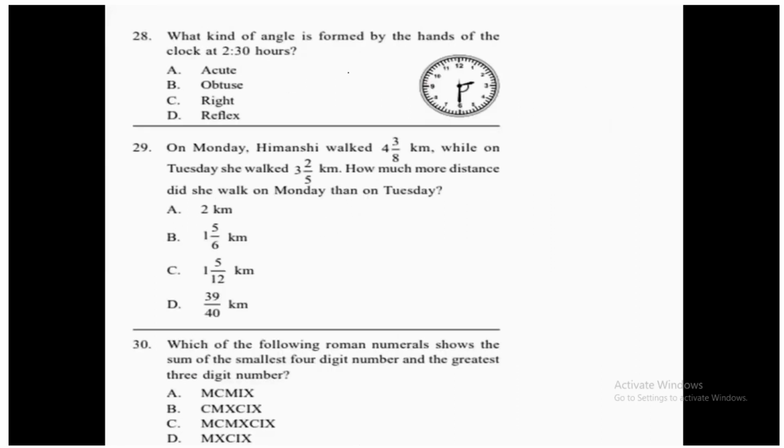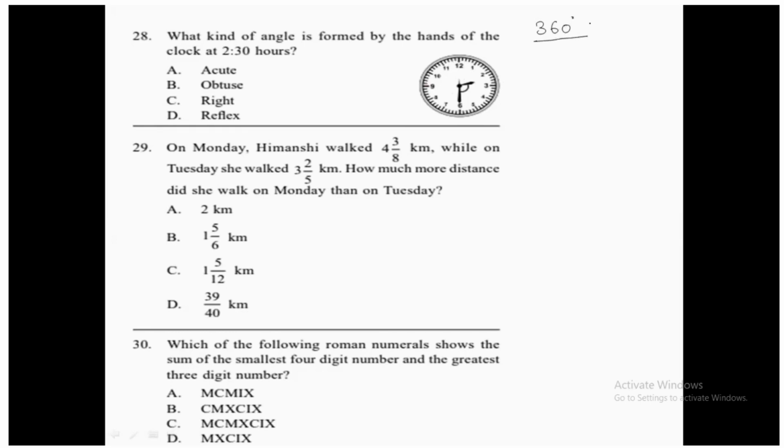Now let's move to the next question, which is question number 28. Okay, let's see what question number 28 is saying. What kind of angle is formed by the hands of the clock at 2:30? Okay, so there are two methods to do it. So what do we have to see first? We all know that in the whole clock, there is an angle of 360 degrees.